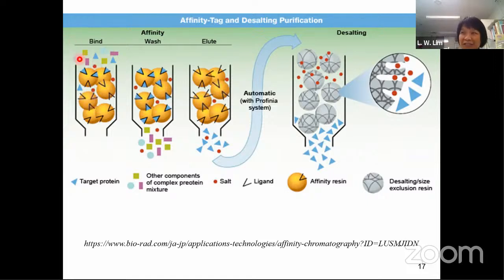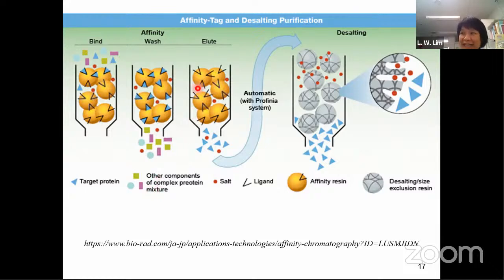You have different proteins with different sizes, morphology or structure. Only the one with the triangle can fit exactly to the column, and the rest will not have any interaction. So only the one that fits exactly the hole or the binding site will be retained, and other compounds or mixture will come out.